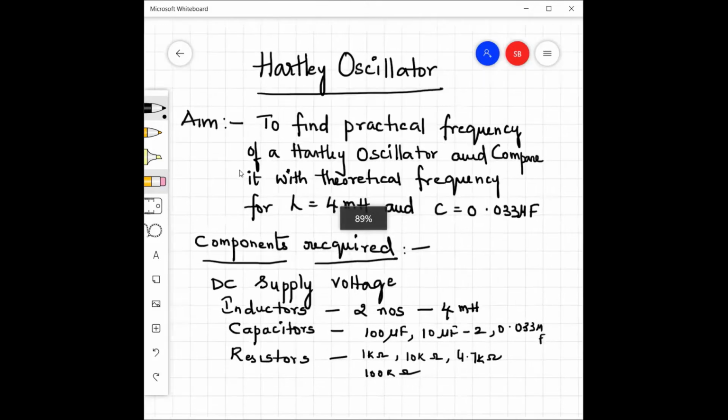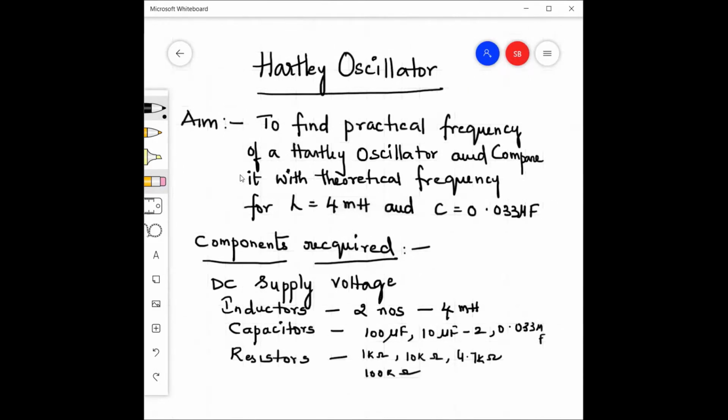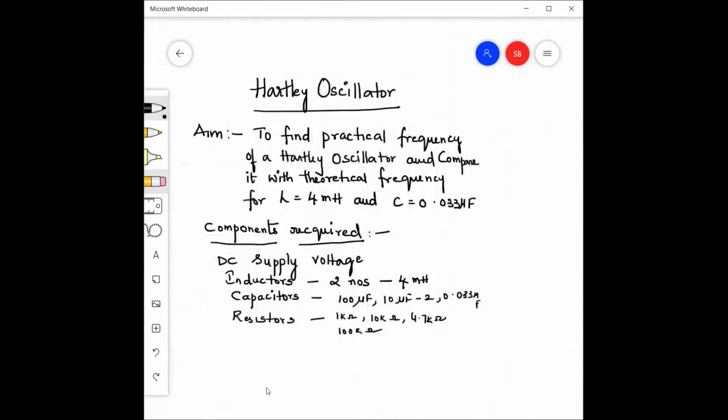And apart from this, we require a transistor BC107, a CRO to check the output waveform, and connecting wires to establish the connection between the components.